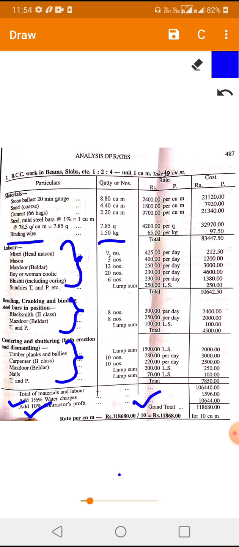And this grand total is calculated for 10 meter cube. So grand total divided by 10, we get the rate for 1 meter cube. In this case, we have found 11,868 rupees per meter cube. Okay, so that is the rate analysis for RCC work in beams and slabs for the ratio of 1:2:4.